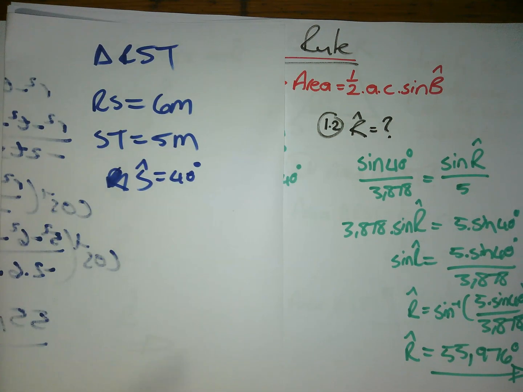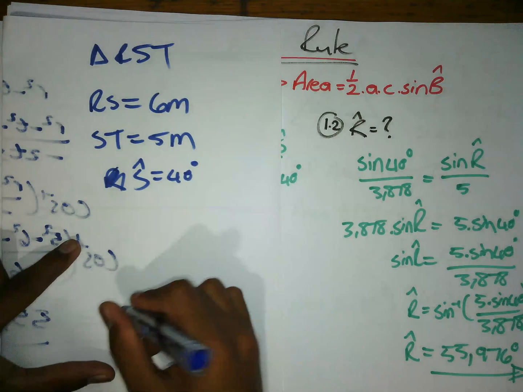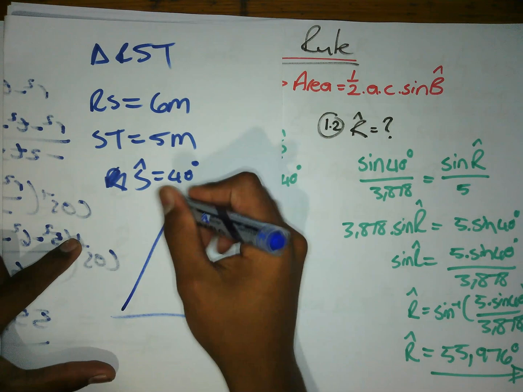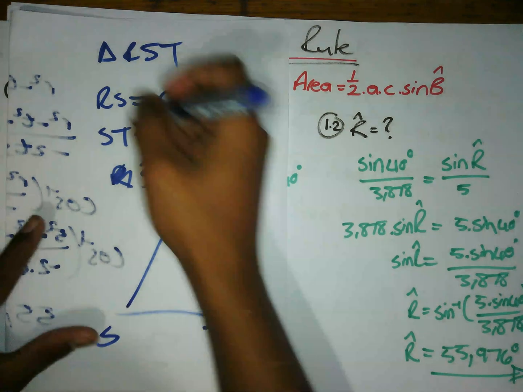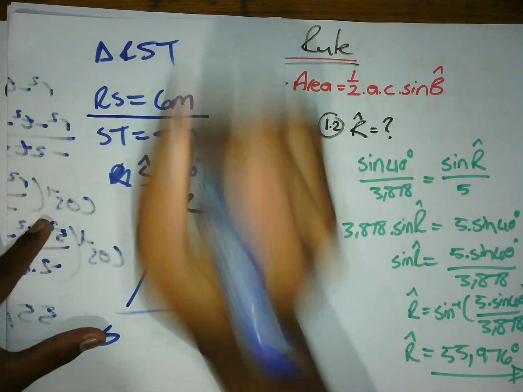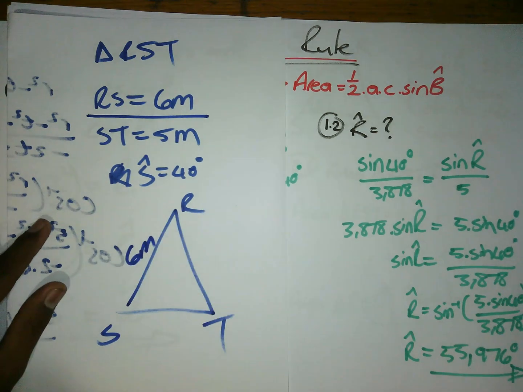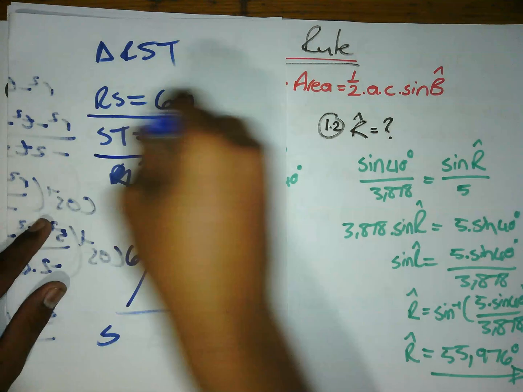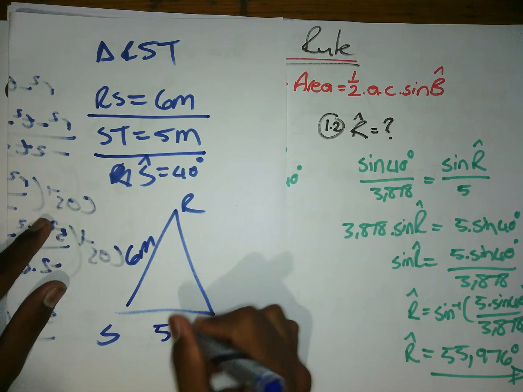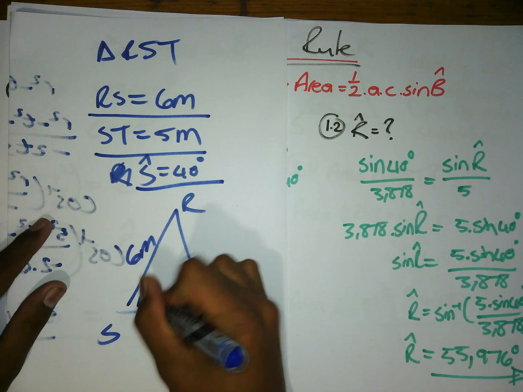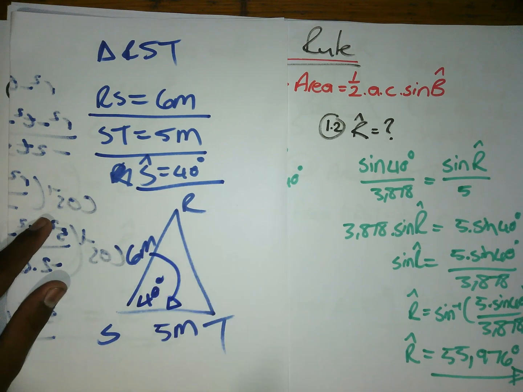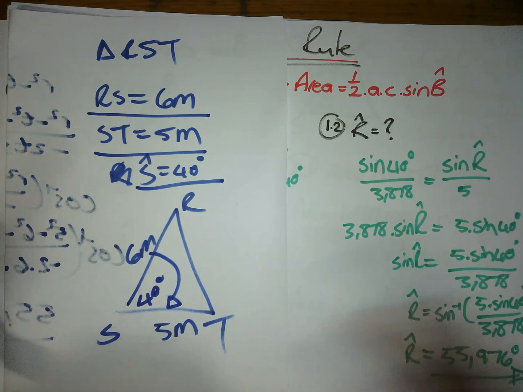They can give you this statement, then you must draw. You first draw R, S, T. Then you put in between, line RS is 6 meters. Line ST is 5 meters. Angle S is 40 degrees. Then you calculate from there whatever they ask you.